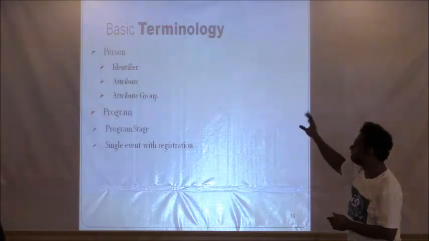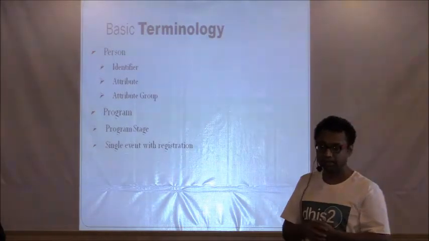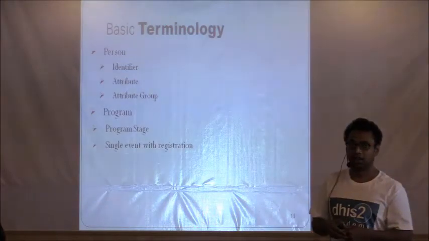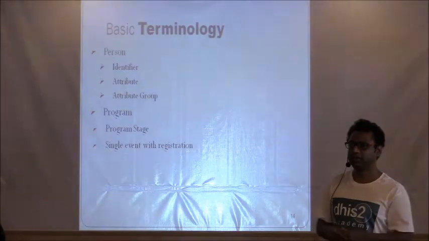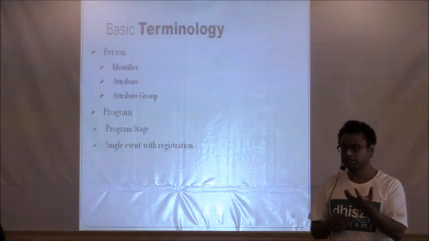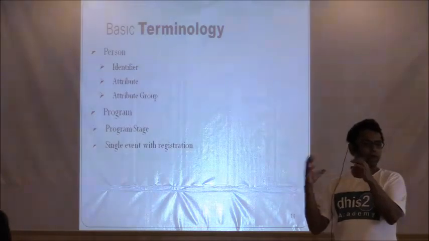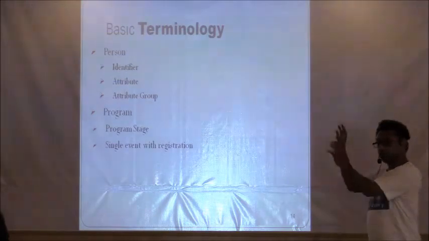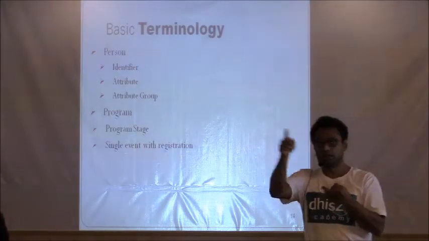Okay? So for a person, you also have an identifier. An identifier can be a passport number, income tax ID, national ID number. It can also be, let's say in India, and I don't know whether in Bangladesh also, the ration card number, which is for the whole family. It's a family number given to the whole family, and a family can share it. So it can be an individual identifier, and it can also be a whole group identifier.